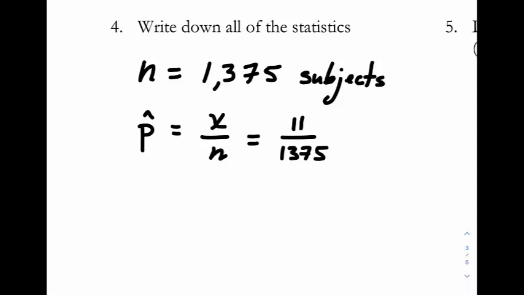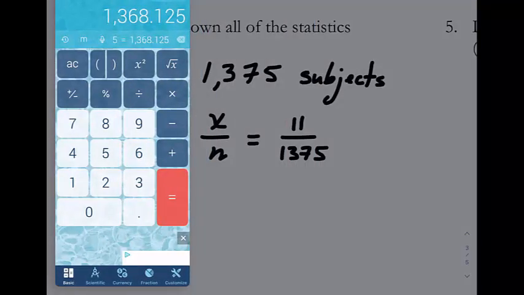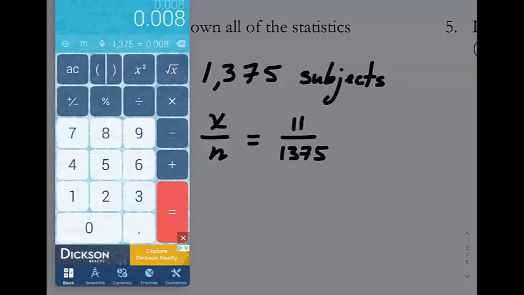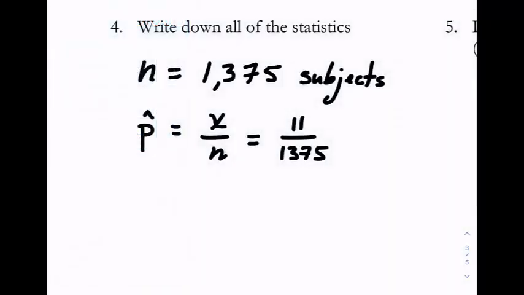So what we want to do is take 11, divide that by the 1375. That gives us 0.008.